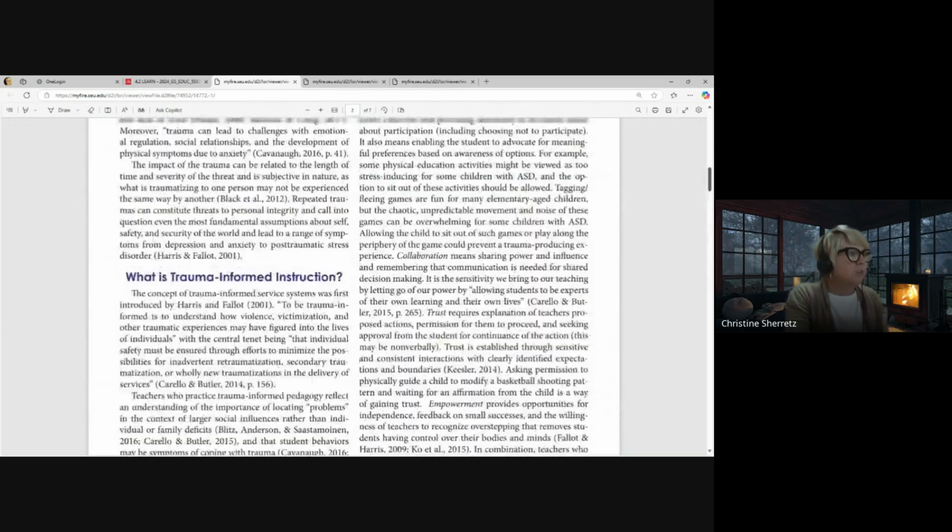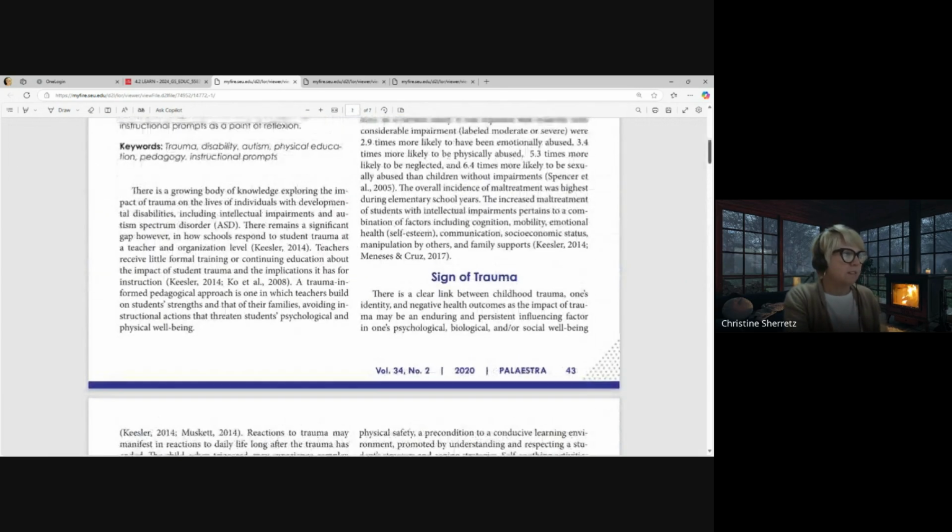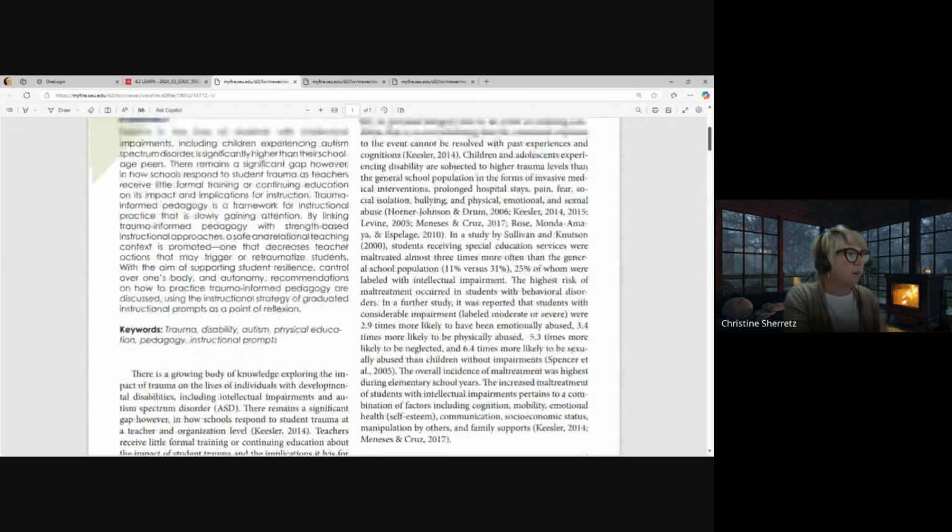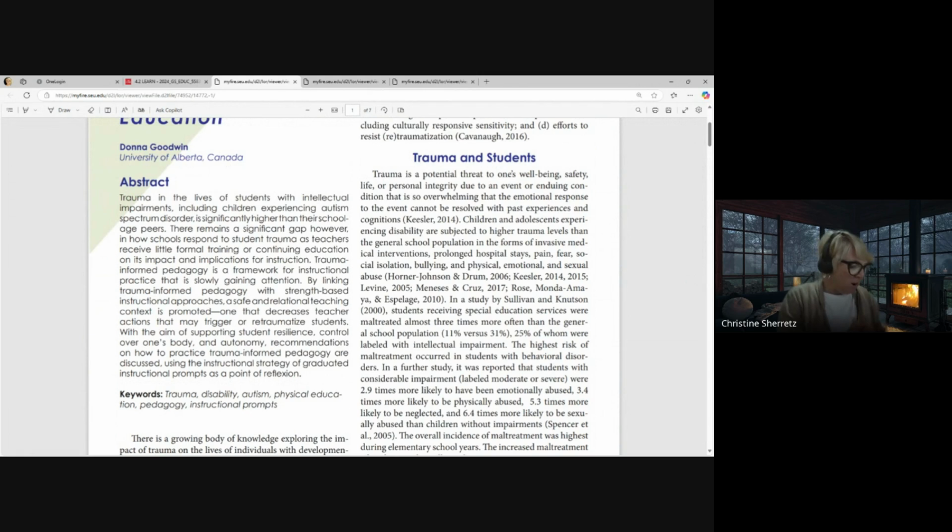But what is just devastating that I read are the statistics. If you read this, trauma in schools, it talks about a study by Sullivan and Knutson, I hope I'm saying that right. It says students receiving special education services were maltreated almost 3 times more than general education. I mean, we would hope that no kids would be treated badly, but these are more than in general ed. 25% were labeled with intellectual impairment.